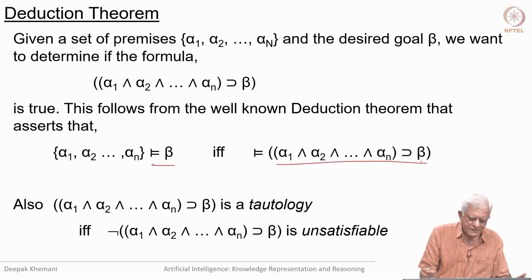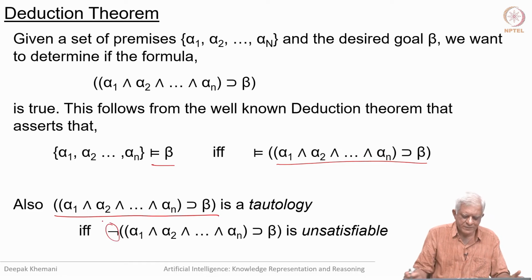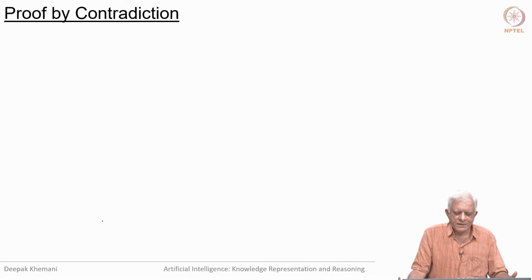Also observe that if this formula is a tautology and you add a negation sign before that, then that formula will become an unsatisfiable formula. We have already seen that the negation of a tautology is unsatisfiable or a contradiction essentially. We are going to follow again the proof by contradiction.